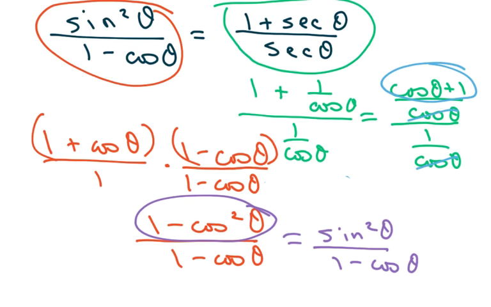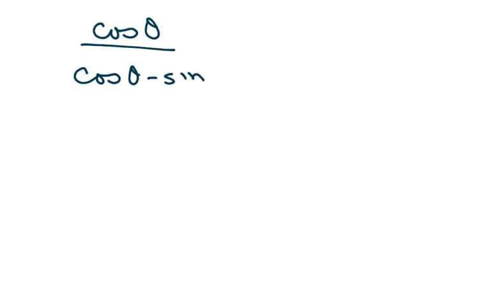Okay. The next one we have is cosine of theta over cosine of theta minus sine of theta. And this is supposed to equal 1 over 1 minus tan of theta.